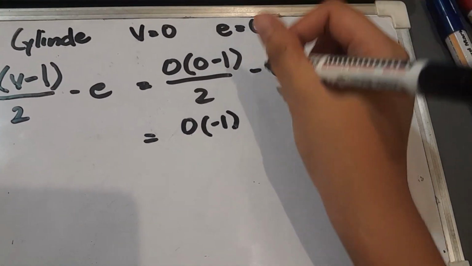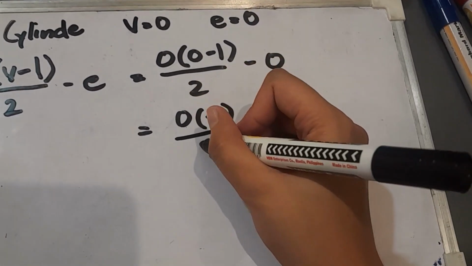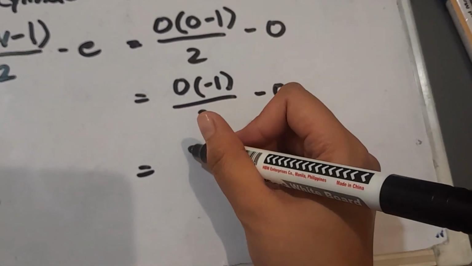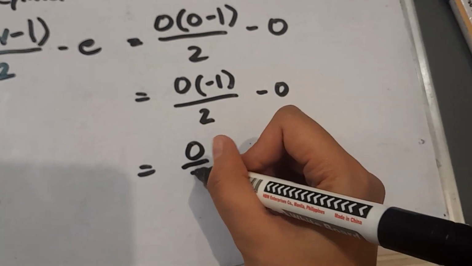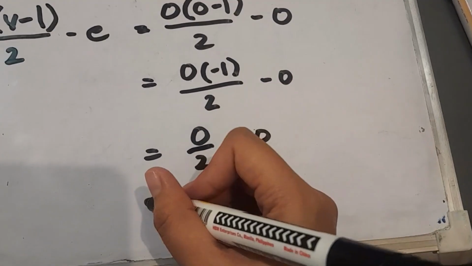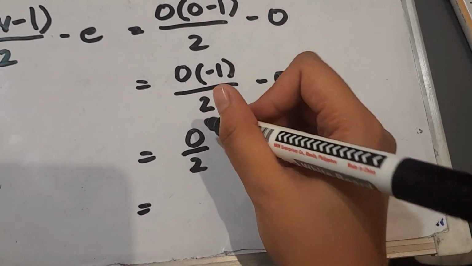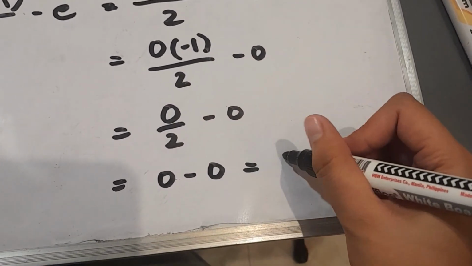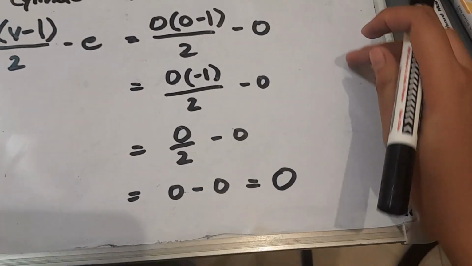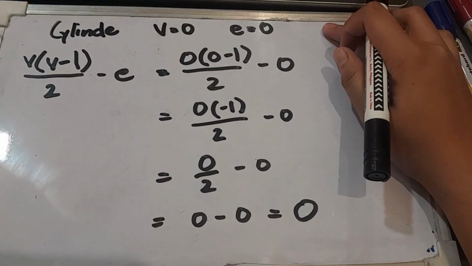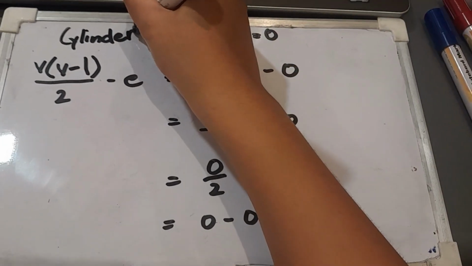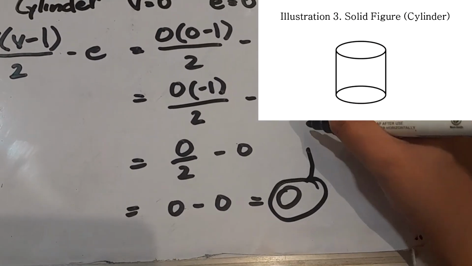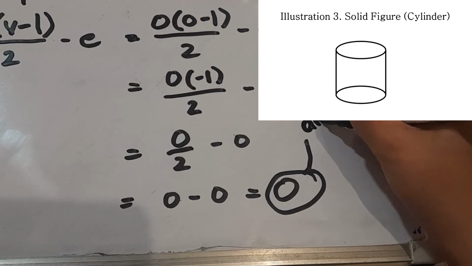Since 0 minus 1 is negative 1, divide 2 minus 0. So 0 times negative 1 is 0. Divide 2 minus 0, which 0 minus 0 divide 2 is 0 minus 0. So the answer here is 0. Since there is no vertex and edges in cylinder, it doesn't have a diagonal.